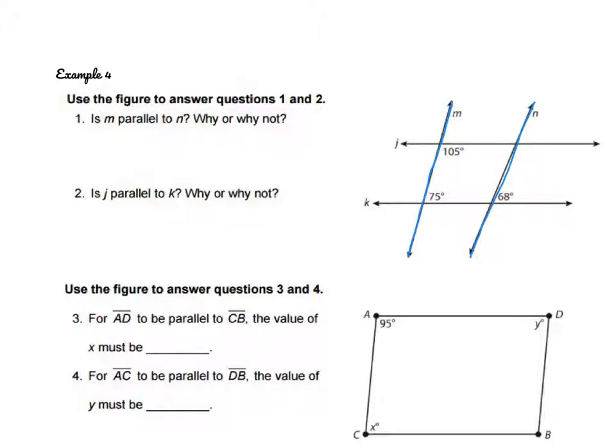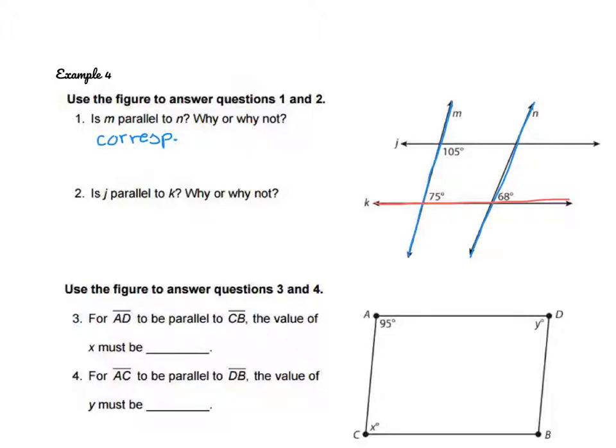So I'm going to try to find a transversal that has angles that I know on both sides. So I'm going to use K as our transversal. So if I have these two lines cut by this transversal, let's compare these two angles. These two angles, where you see 75 and where you see 68, these would be corresponding angles.